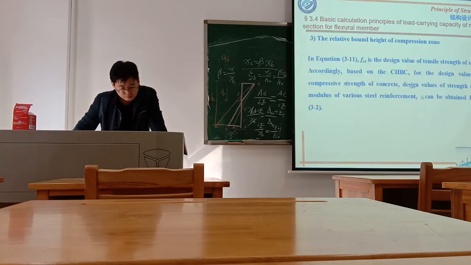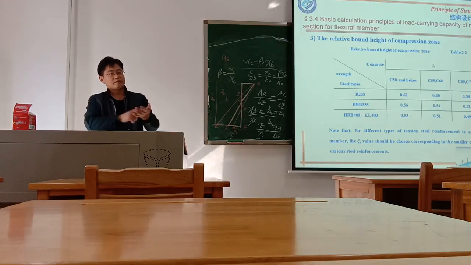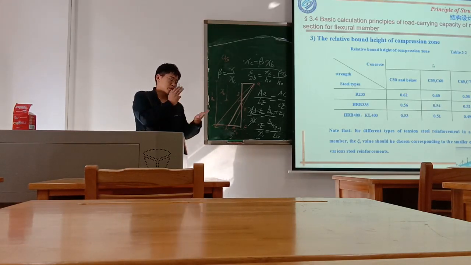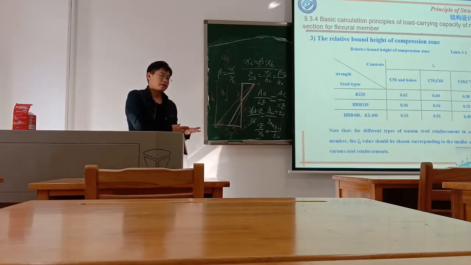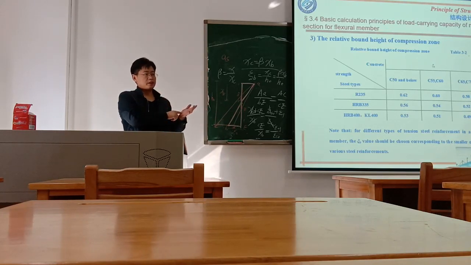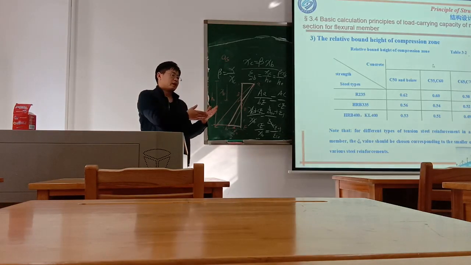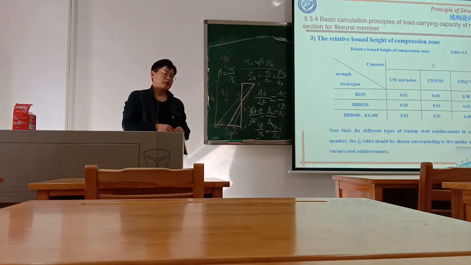Then, according to the material and the reinforcement, we can get different values of CB. So when you do the design, once you have determined the concrete and the reinforcement, you can check the code to find the value of CB. Once you have CB and know the dimension of the section, you know the relative compression height of your design.